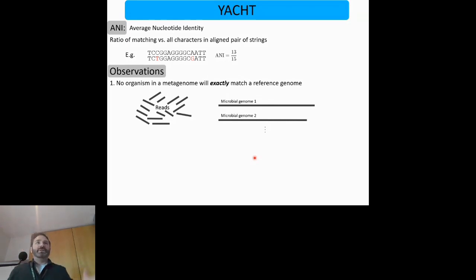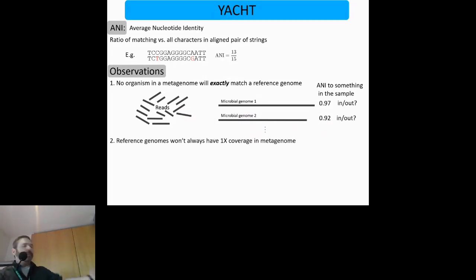Everything is absent because you're not finding the exact same representative. However, they might have a high ANI, or a high relatedness, to something that's in the sample. So for example, if you have these couple of microbe reference genomes over here with ANI 0.97 and 0.92, you might be able to say, oh, well, something of the same species as this reference genome 1 is represented in my sample, but maybe not the same species as this genome 2, because maybe my threshold was set for the ANI to require higher relatedness.